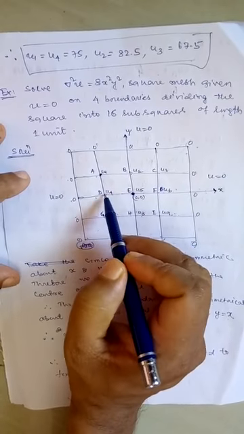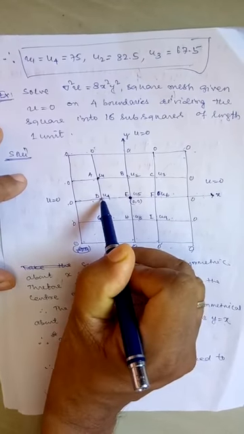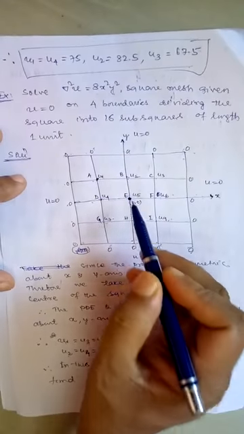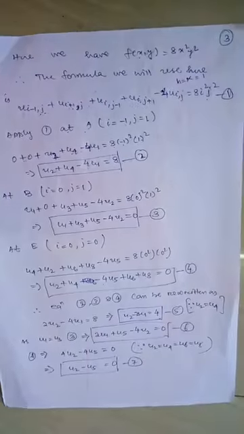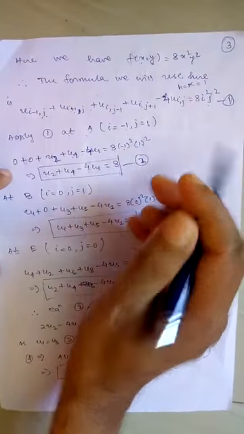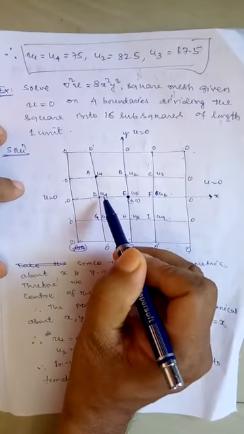So you see u(i-1,j) is 0. So I am calculating u1 first. Okay, so for u1 I will get the relation between u1, u2 and u4.